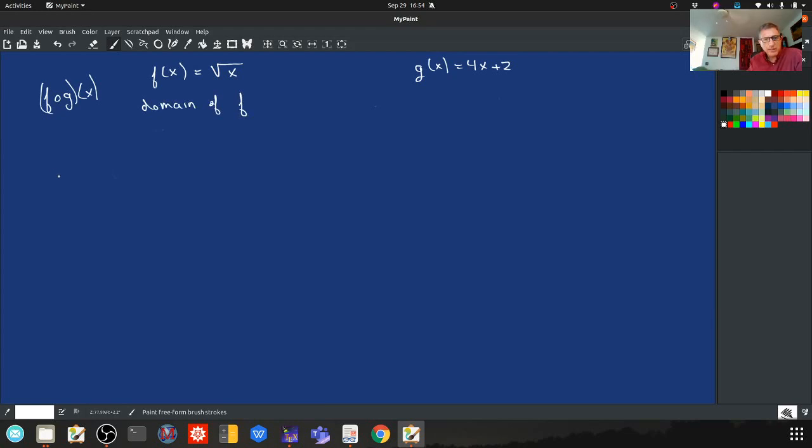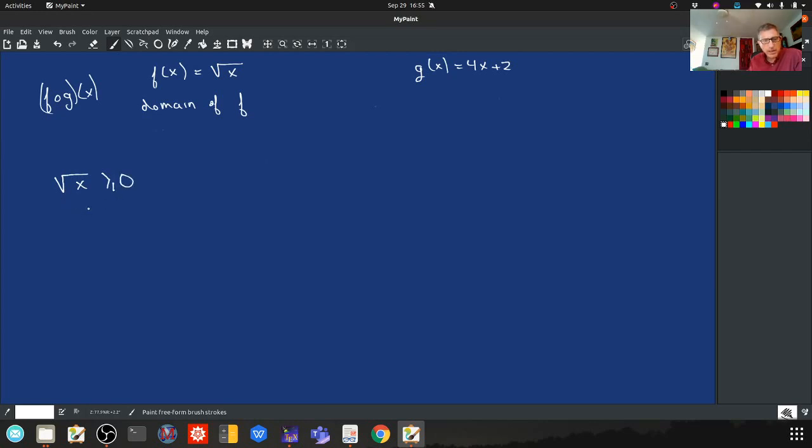That means the square root of x has to be greater than or equal to 0.